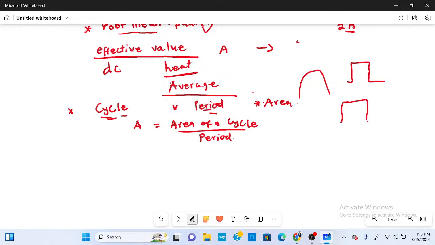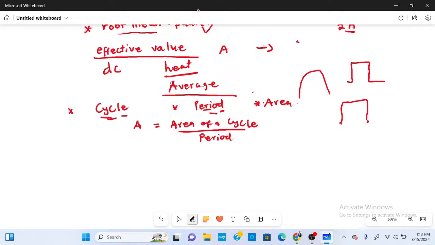Now the period is simply the time it started till the time it started again. You know it is a cycle, so it keeps on repeating itself. So to know the period of an AC circuit, you simply take the time it started and the time it is starting again. The difference between these 2 points is what gives us the period of an AC circuit.